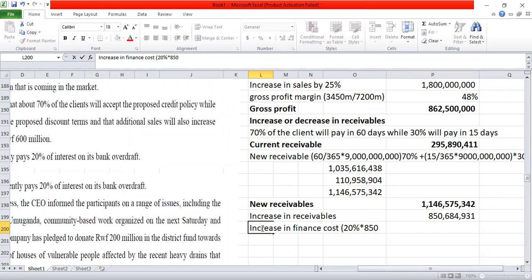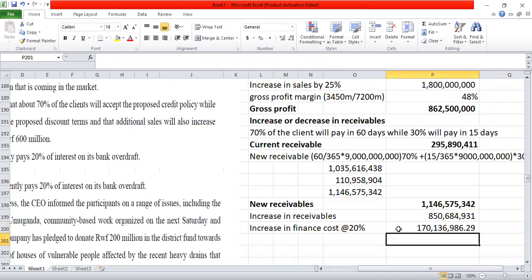That is the new receivables at 20%, which is going to be this times 20%. This is the finance cost as a result of the new policy.